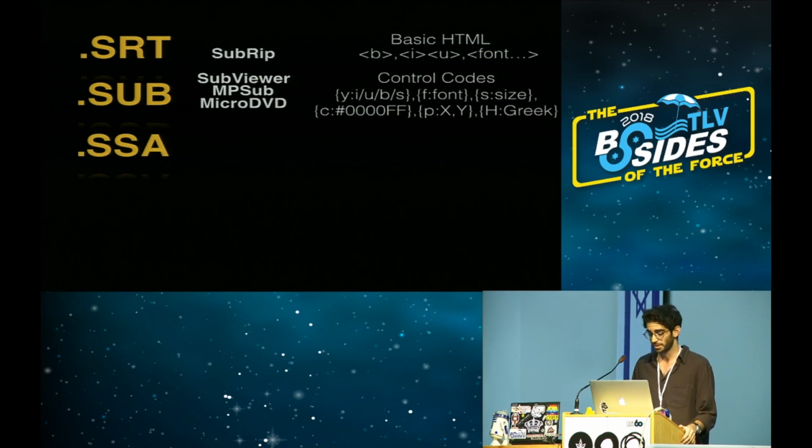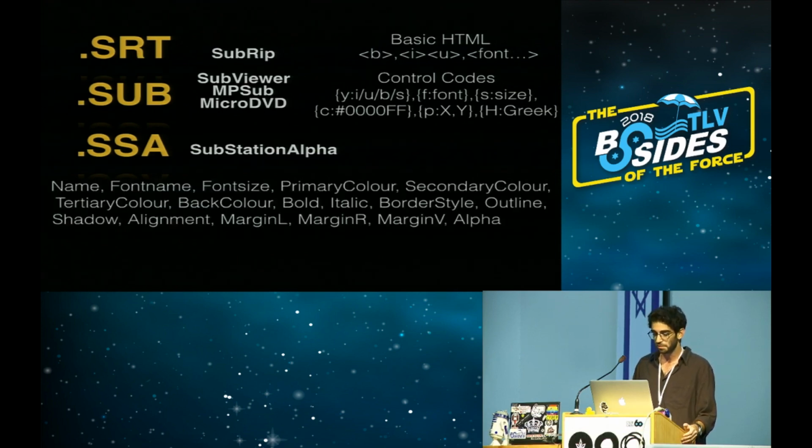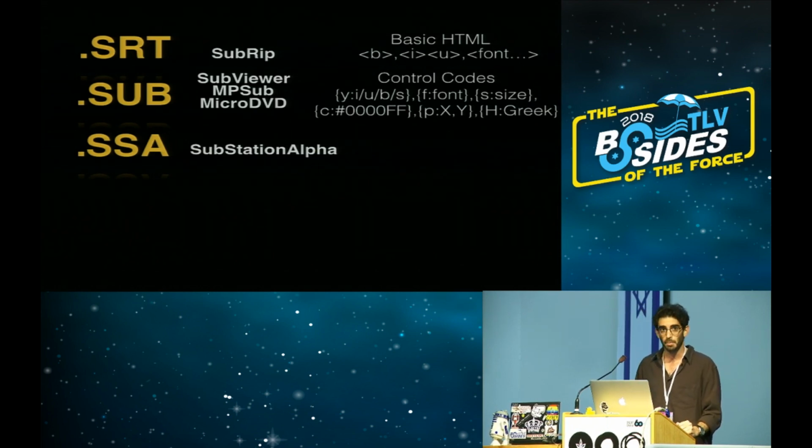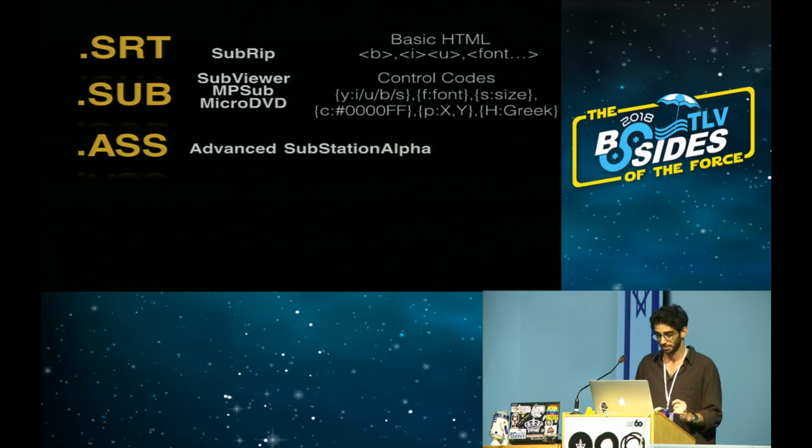Another common format is Substation Alpha. It's a bit more sophisticated. It supports predefined style names, fonts, complex color palettes, outlines, shadows, alignment, margin, alpha level, and encoding. But it gets even more impressive as we move on to Advanced Substation Alpha.